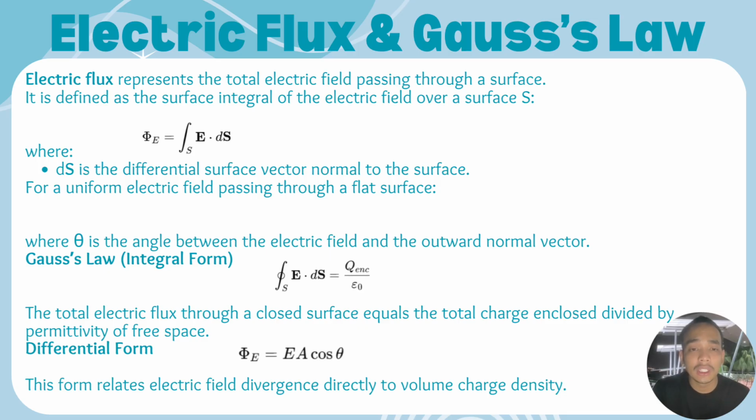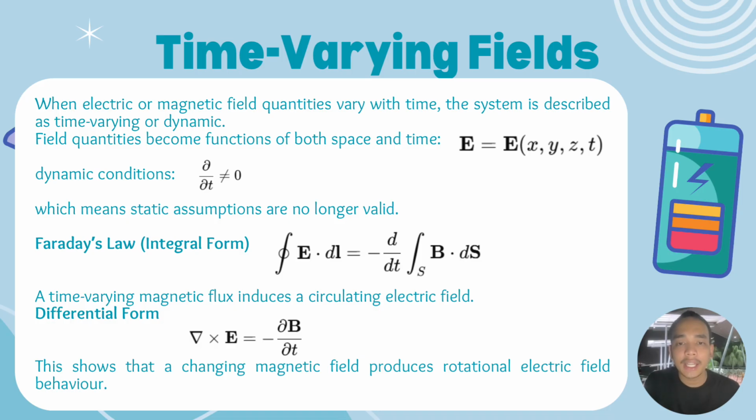Gauss's law in integral form states the closed surface integral of E dot dS equals Q enclosed divided by epsilon naught. In differential form, del dot E equals rho v over epsilon naught. This equation relates electric field divergence directly to charge density.